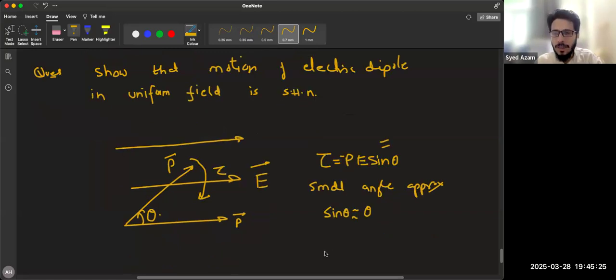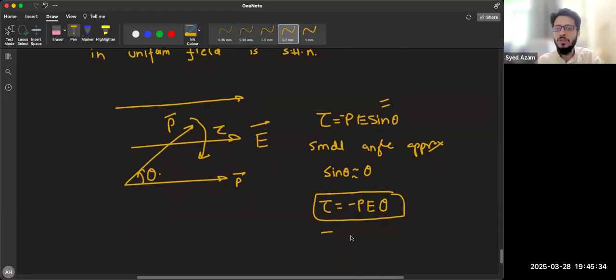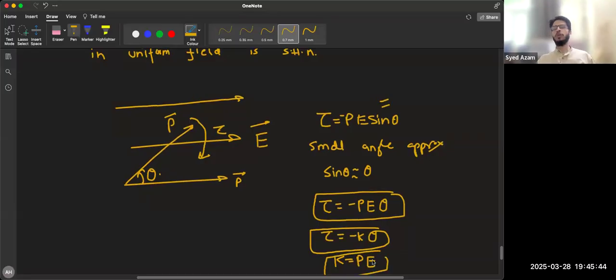Then you can say that restoring torque is minus of PE theta. Then you can say that restoring torque is minus of K theta. So instead of K, you have PE now. So this is what you're supposed to calculate, PE, the value of K.